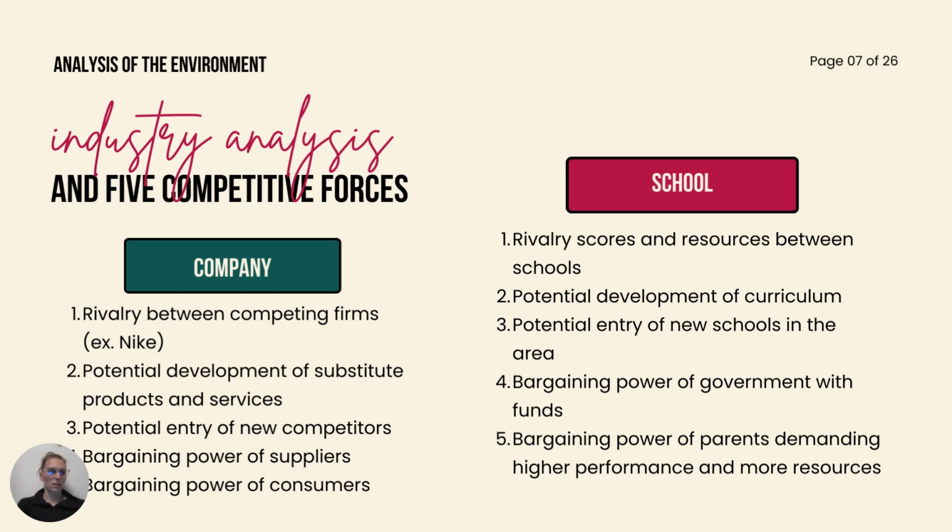So if you think of this in terms of a company, we'll start underneath the green. This is what the textbook said. Rivalry between competing firms. So Nike competing with Reebok and Adidas. Think of that from a business standpoint, but if you look at school in red, rivalry scores resources between the schools.